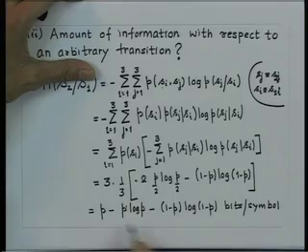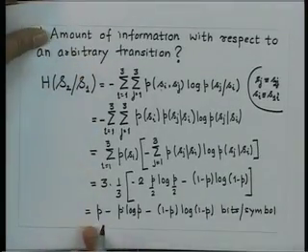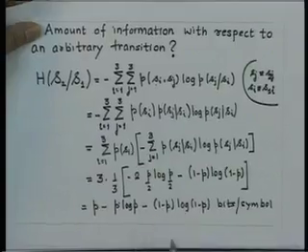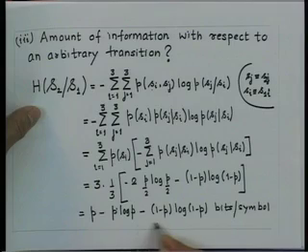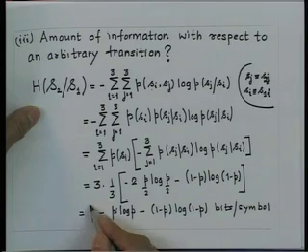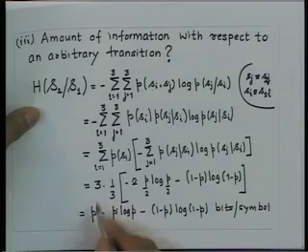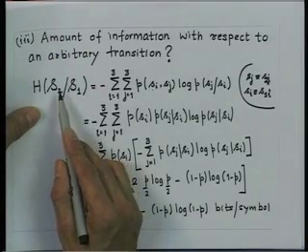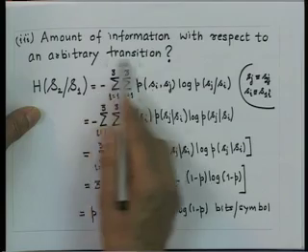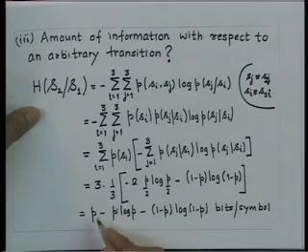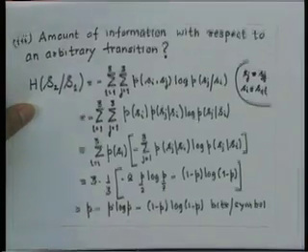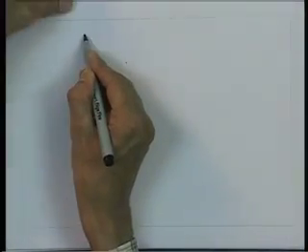symbol. If you plot this expression as a function of p, this is a familiar expression which we get, this is the entropy function. So, this is also the entropy of a binary source, and this I can plot as a straight line. So, the entropy, the amount of information with respect to an arbitrary transition, is the sum of 2 functions. This is the entropy function, and another is a linear function. So, we can plot this.